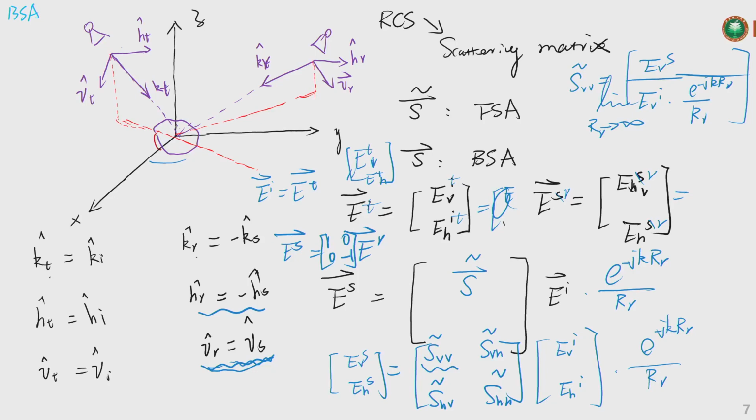So now we can get the expressions for the backscattering alignment just based on our expressions for the forward scattering alignment here, but just transferred each term for the instant part and for the scattering part. But for this part, we can just use the scattering matrix and multiply or divide by this matrix, and we can get the expressions for its backscattering matrix here.